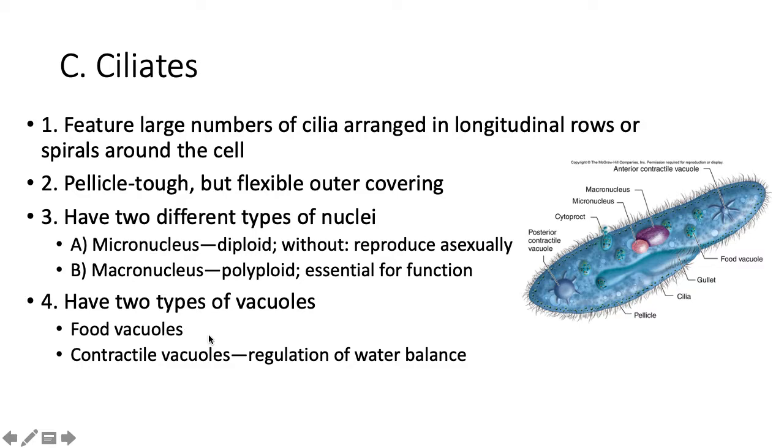The food vacuole, which you can see here, engulfs food and packages it. And then we have the contractile vacuole that helps with regulation of water balance, because these guys live in aquatic environments, and so water tends to rush in by osmosis, so they package it in these vacuoles to pump it out or bail it out.